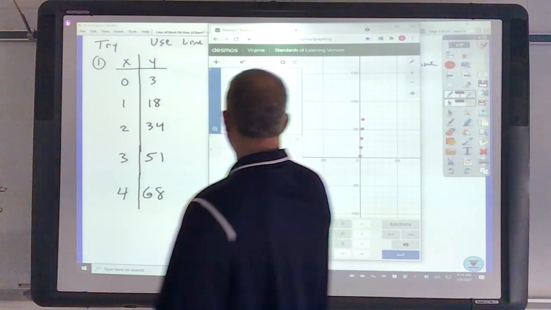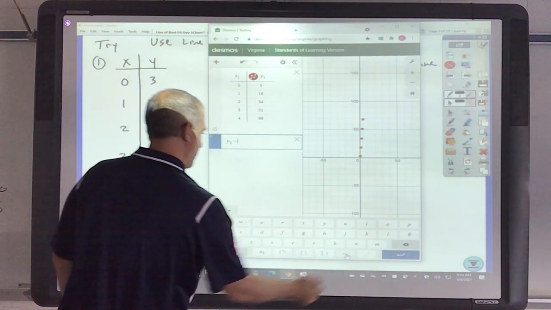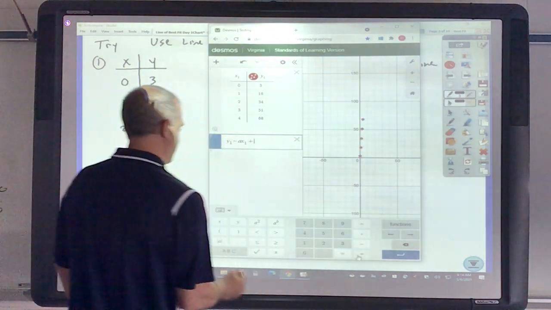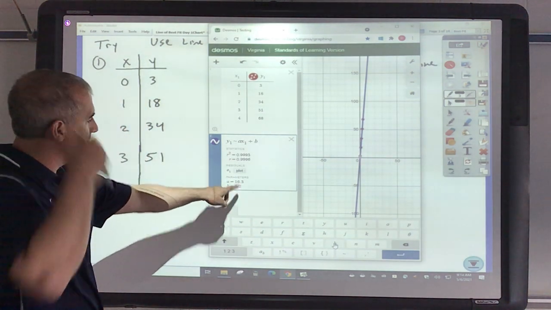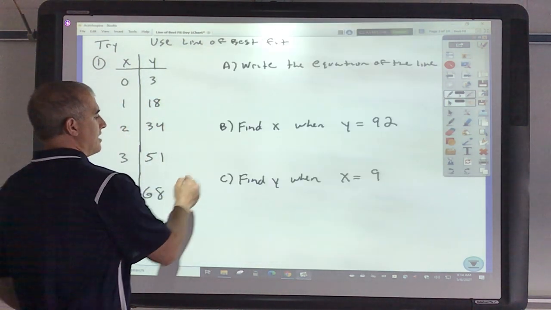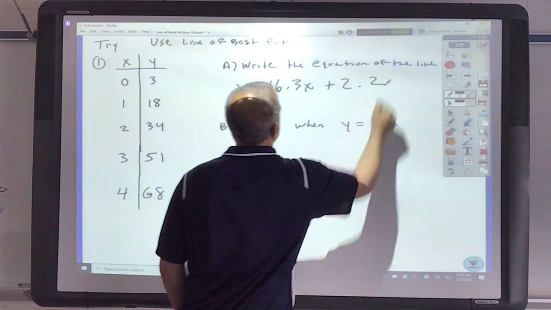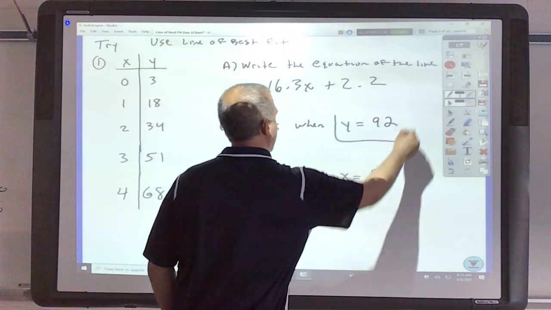So I just come up with my equation, y1, curve thing, a, x1 plus b. So I got 16.3 for A and 2.2 for the B. Find x when y is 92.